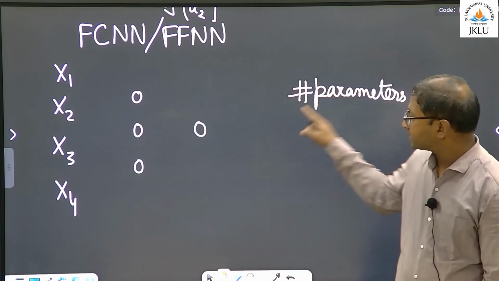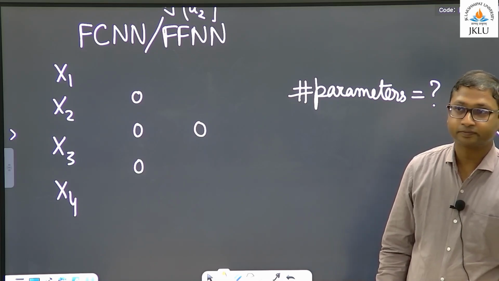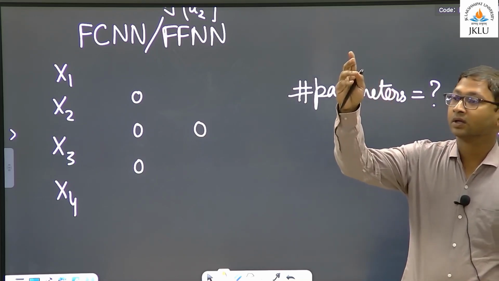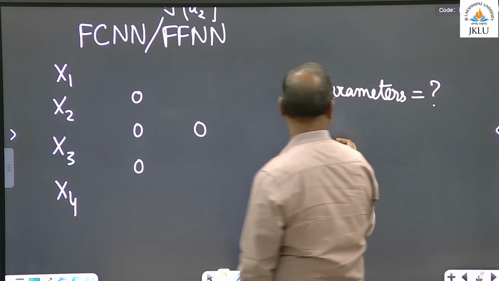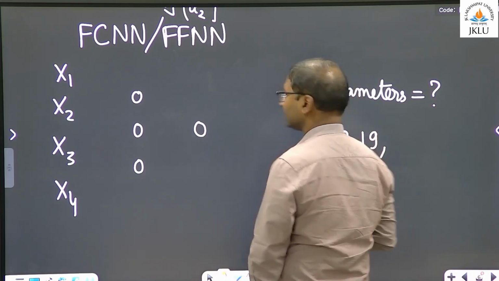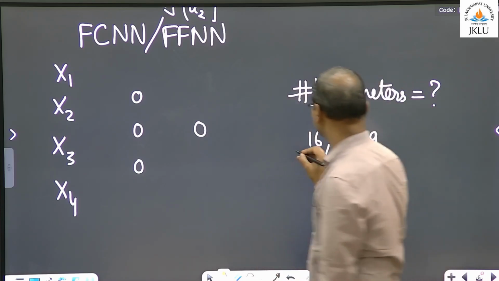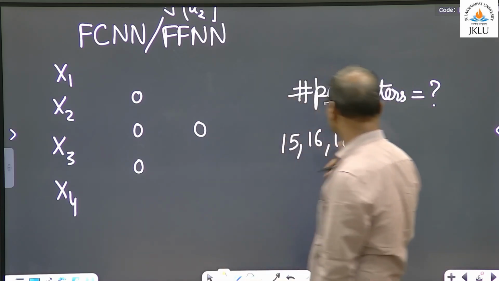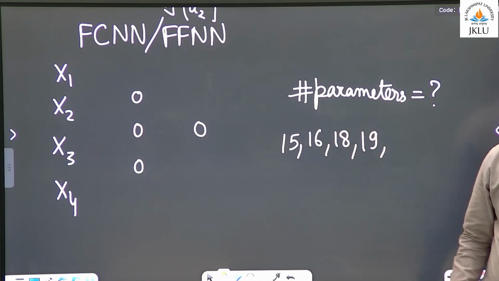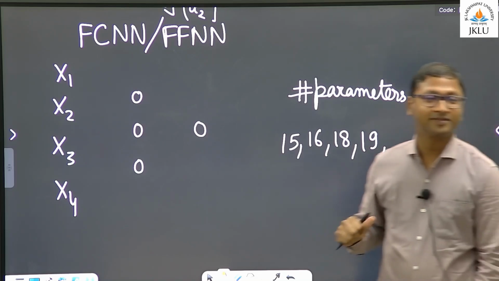So how many parameters in this neural network? Throw me a number. One second. We have 16, 18, 19, 15, 19. Any number other than this? 19 is right, thank you.